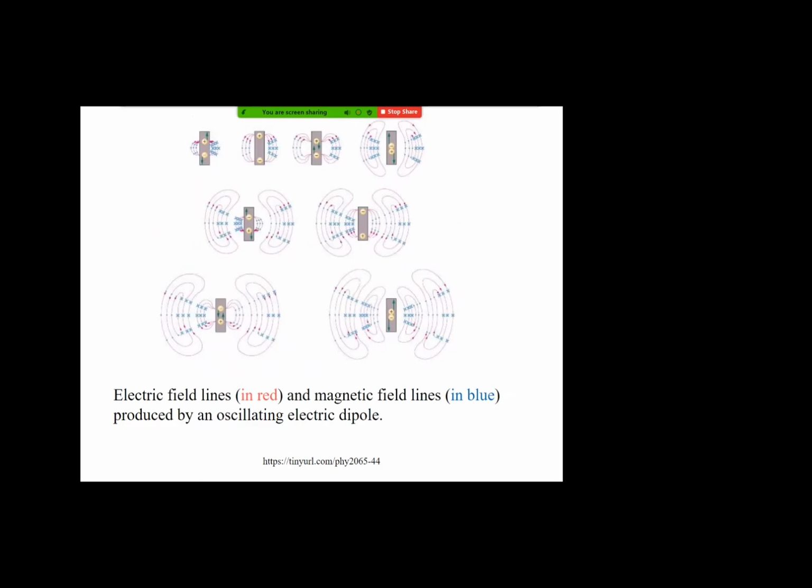The blue here is the magnetic field. One moment it's positive on the top, and sometime later it's negative on the top. The varying electric field generates a varying magnetic field, and the varying magnetic field generates a varying electric field again. For that reason, EM waves are generated by varying the poles.